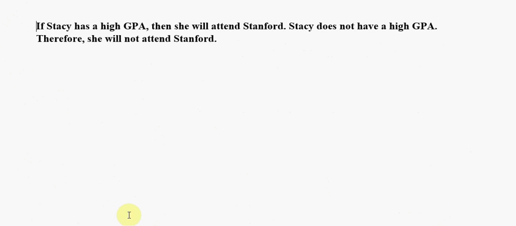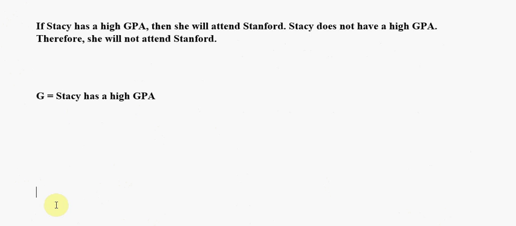Again, we need to pick letters for the statements here. Notice that the first premise here is a conditional again. If Stacy has a high GPA, then she will attend Stanford. So we need to pick a letter for the antecedent and a letter for the consequent. Well, how about if we pick G to represent Stacy has a high GPA?